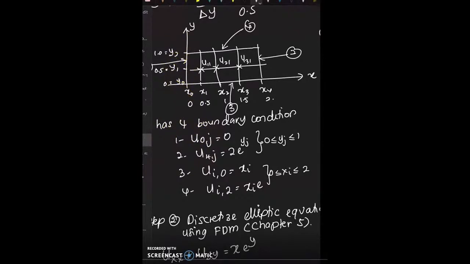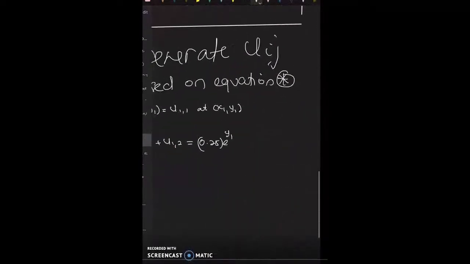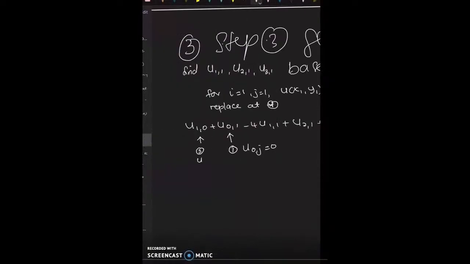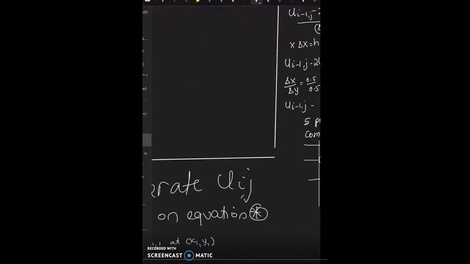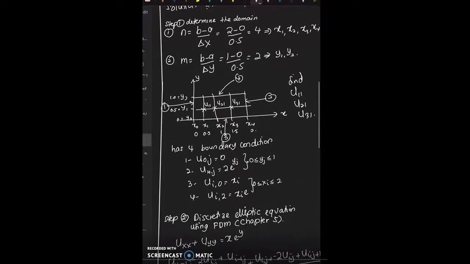All right, so to find u11, you need to find 3 points at the boundary. So you replace u12. U12 is also at the boundary. Okay, U21 is not on the boundary. So where is U21?